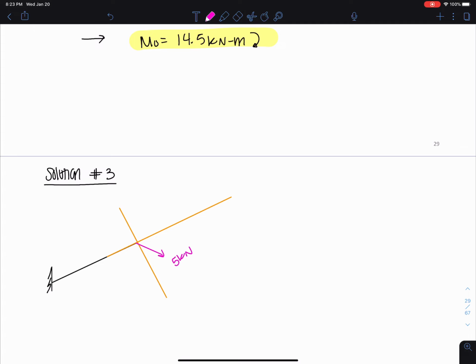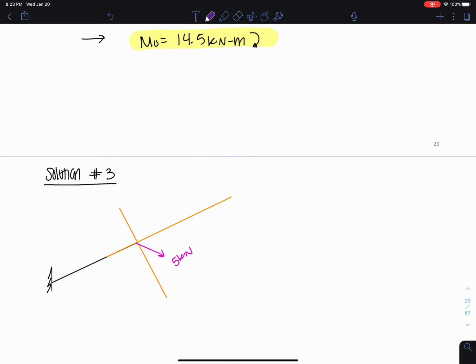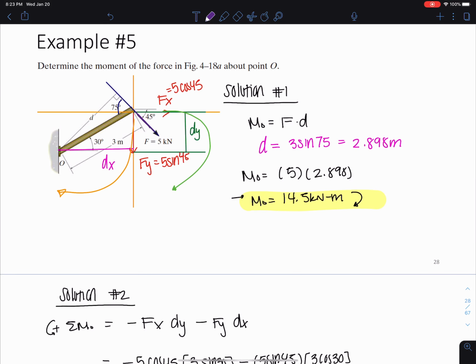Now what I can do is instead of putting the force into components along the x and y, I'm going to use the axis of the rod. So I'm going to say that this here is actually 5 sine 75 and 5 cosine 75, because this angle here is 75 degrees that we make with the force to the tilt of the rod.